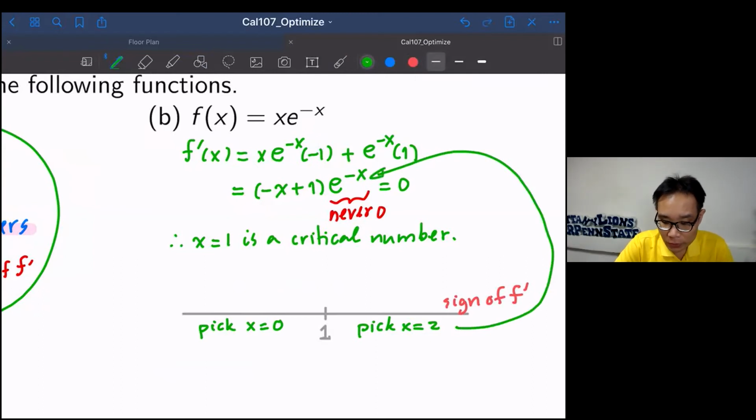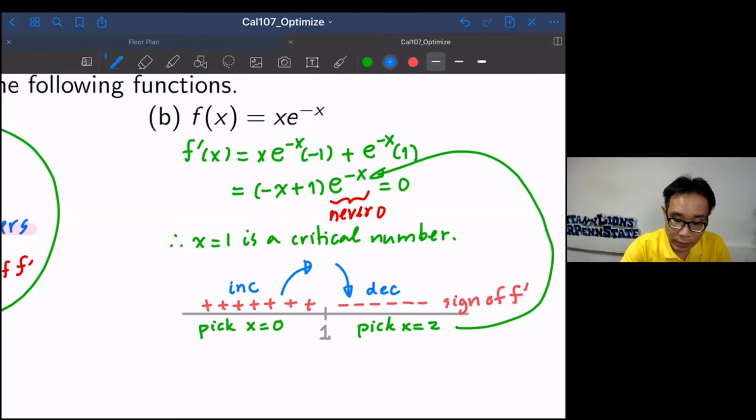Plugging in x equal to 2, you get a negative sign, and you have a positive sign in the other interval. So you conclude increasing, then decreasing, so at x equal to 1 it turns out to be a maximum. So x equal to 1 is a local maximum.